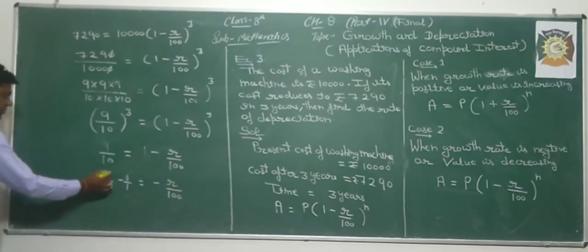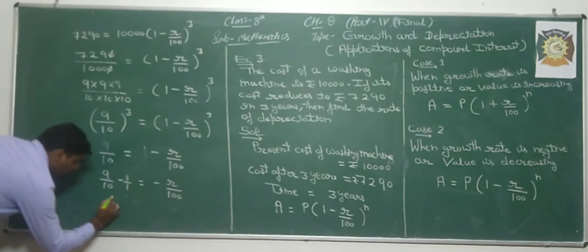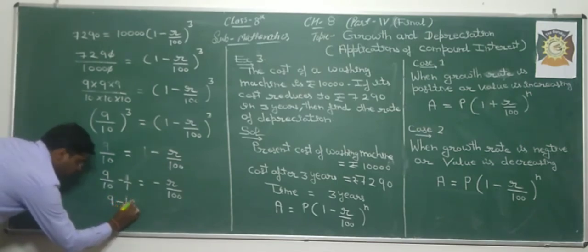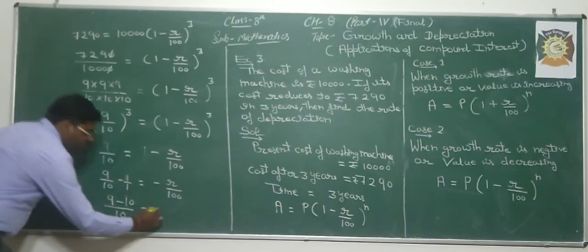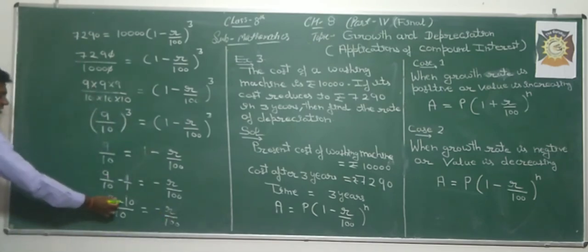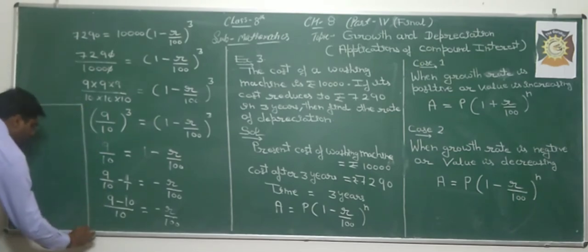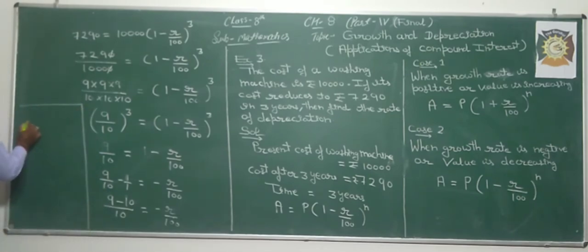Now, simplify this one. It becomes 9 minus 10 upon 10 is equal to minus R upon 100. So 9 minus 10 is minus 1, so minus 1 upon 10 is equal to minus R upon 100.